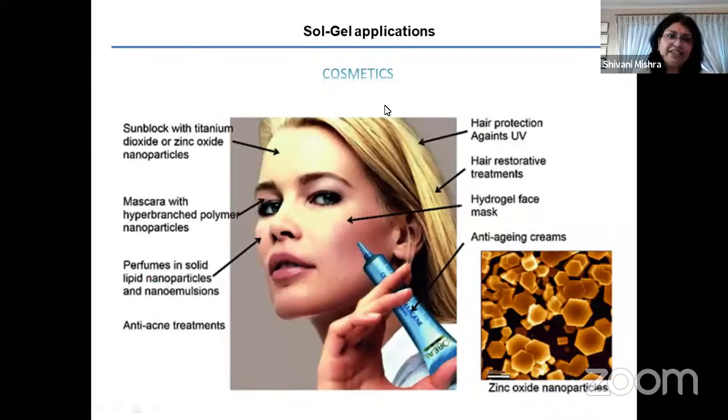So in the cosmetic industry, we have different types of options, right? For example, we have sunblocks, we have mascara, we have perfumes, anti-acne creams, we have hair restoration treatments, and so on. In all these different types of cosmetics available in the market, sol-gel technology produces one of the components which becomes part of the formulation of these big products.